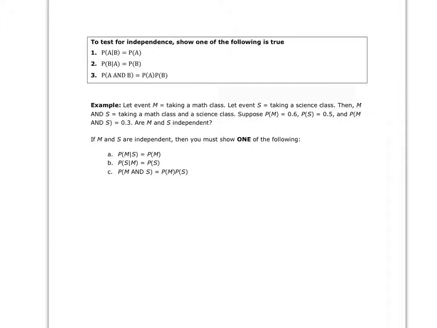We want to show that one of these three things is true: that the probability of A given some other event B is equal to the probability of A, or we could go the other way and see if the probability of B is the same as the probability of B given A. The other way we can test it is if the probability of A and B is equal to the probability of A times the probability of B. We haven't shown why this is the case yet, which we will get to in the next section, but we want to know that it is one way to test for independence.